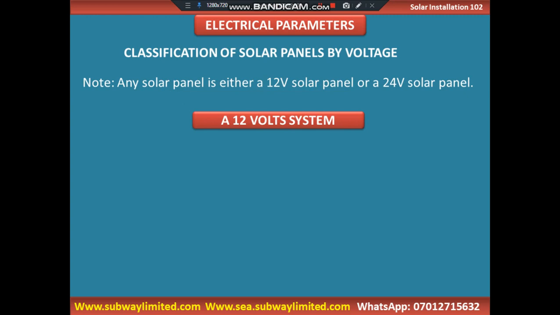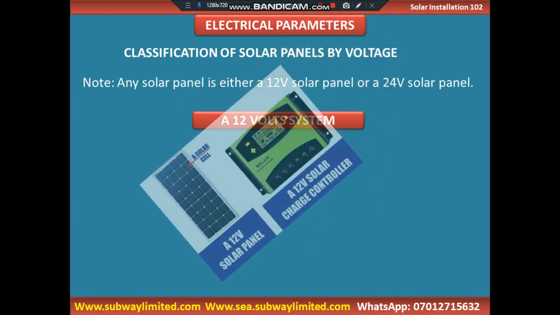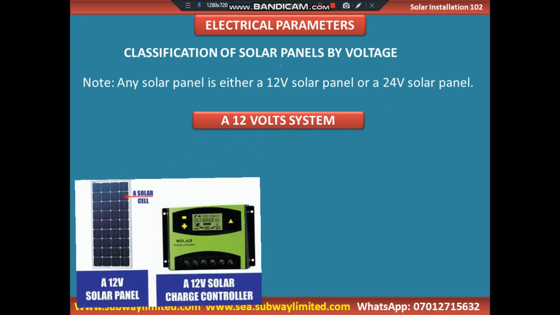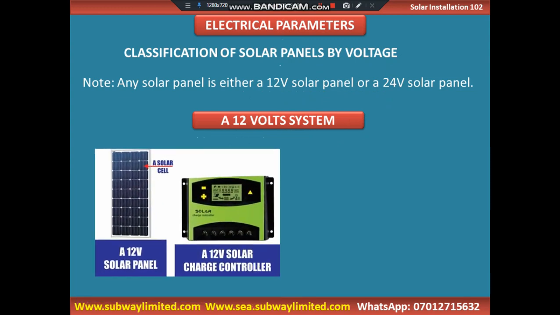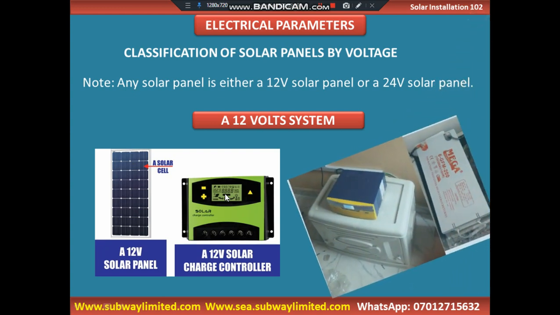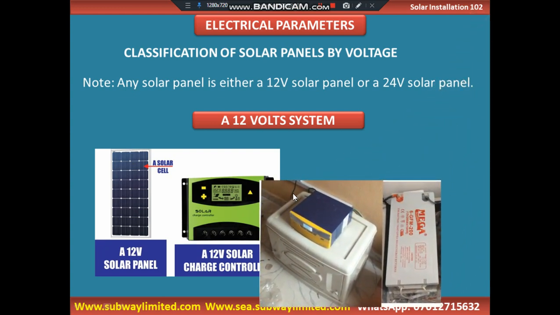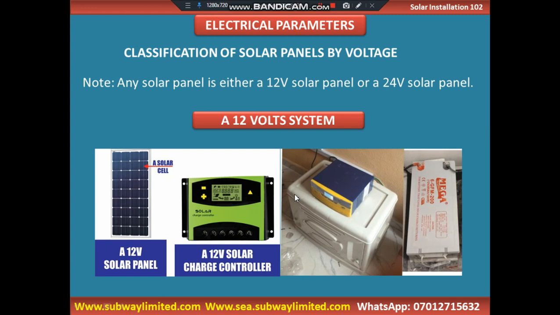Why do we say that we have a 12 volt system? If you take a closer look at this picture before you, you will see this solar panel here, and you see this charge controller before you. If you take a closer look at this other picture that I have projected here, you see this inverter and you see this battery.